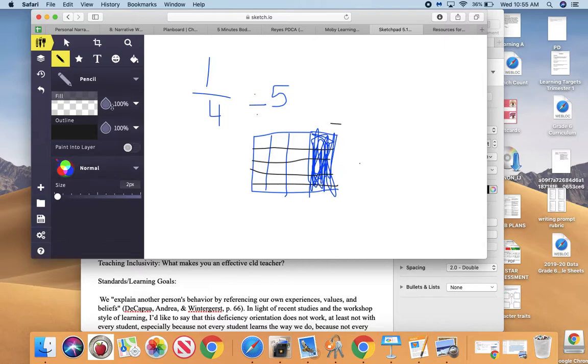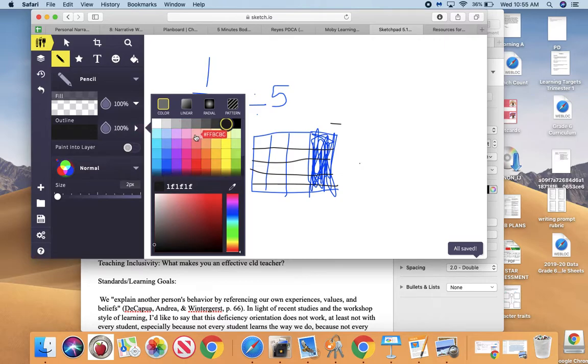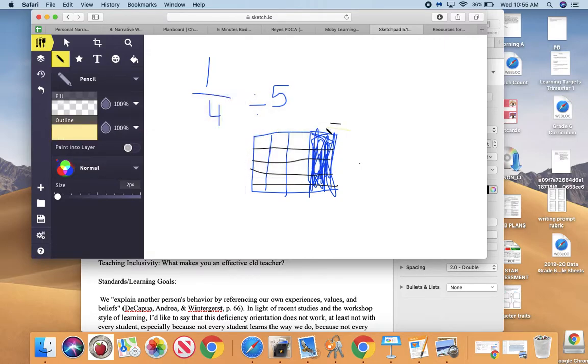Now I'm going to take a look at my top one here. My top one here shows that I have 1 out of 4 filled in. That's what this is showing.